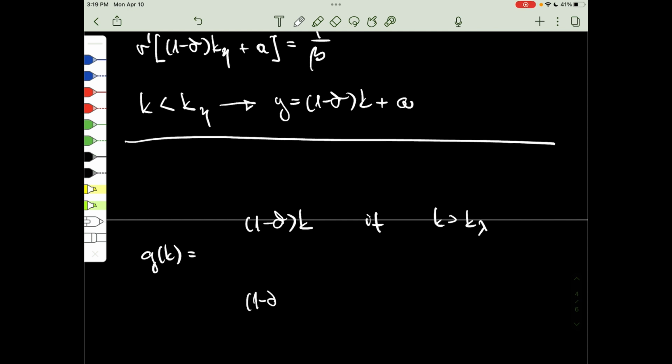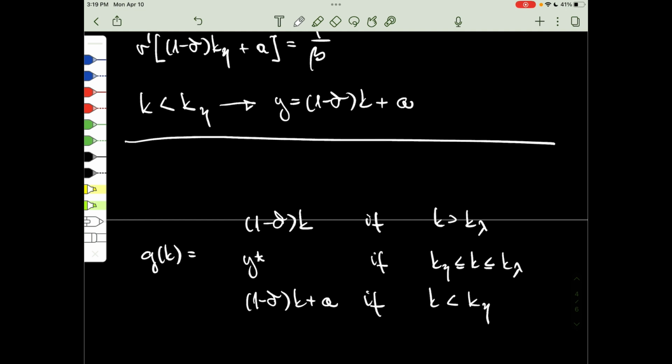We are on the upper bound if k, the capital stock, is lower than the threshold level. And we have an interior solution if we are between the thresholds.